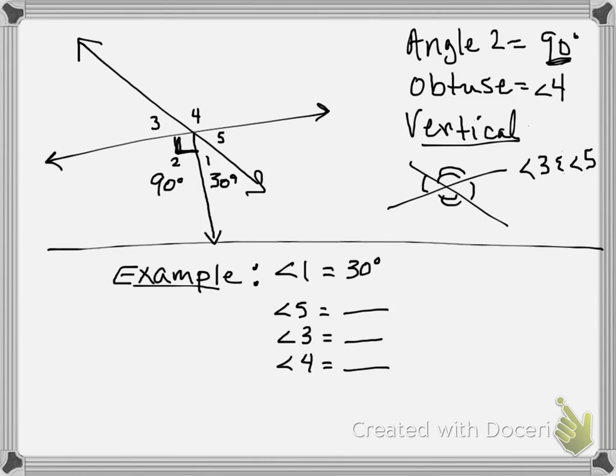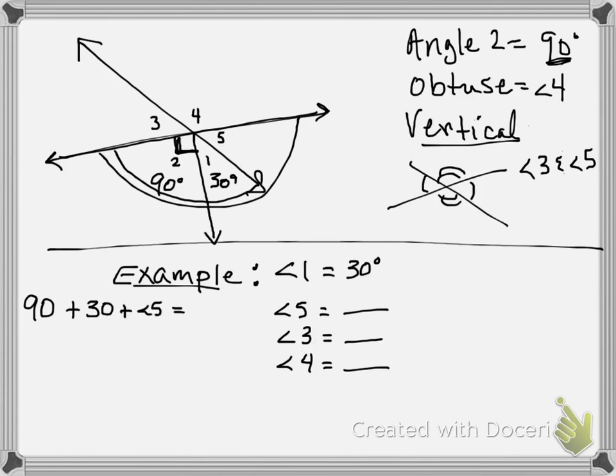So I need to think way back to the beginning of the year. I know that angle 1 and angle 2 are parts of this whole line that makes up a straight line. So this whole piece that goes all the way to there. So part 1, this 90, plus this second part, 30, plus angle 5, whatever that may be, is equal to 180 degrees.